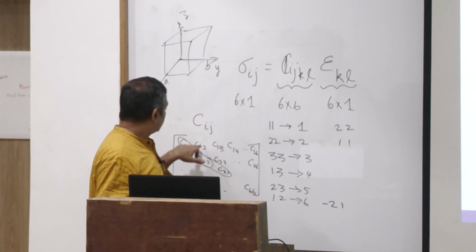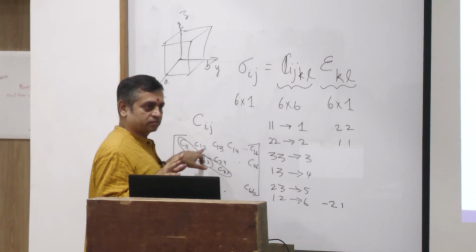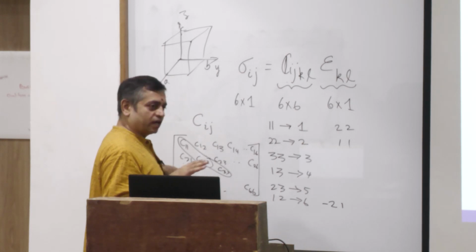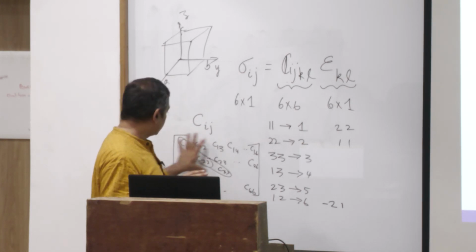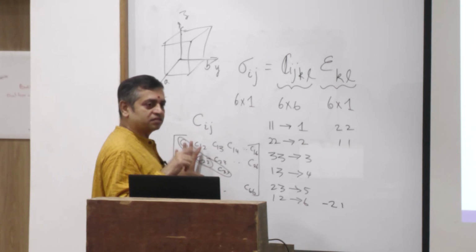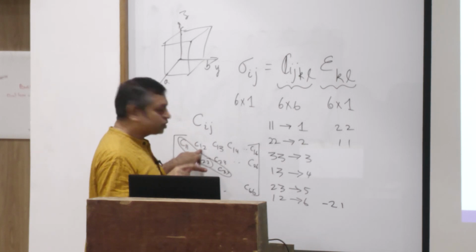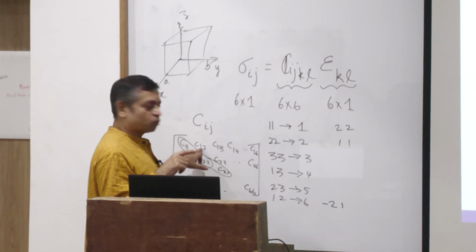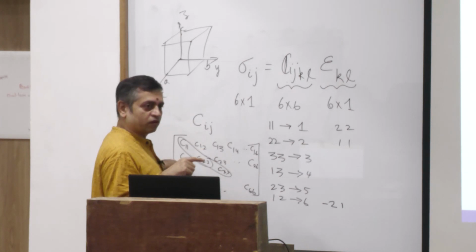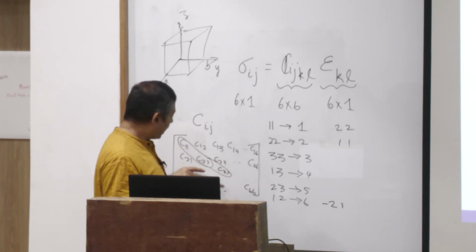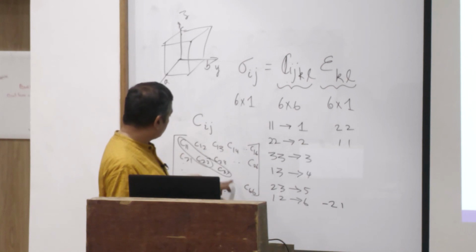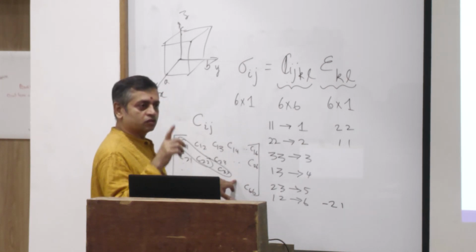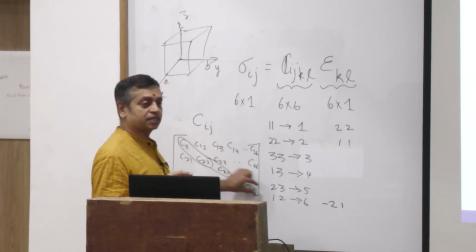Okay. Now in cubic, 1 2, 1 3, 2 3 are also the same, and 1 2 and 2 1 are the same. So this entire 3 by 3 is populated, but each one of these, 1 1 2 2 is 2 2 1 1, right. Similarly 1 2 1 2, 1 3 1 3, 2 3 2 3, they are the same.